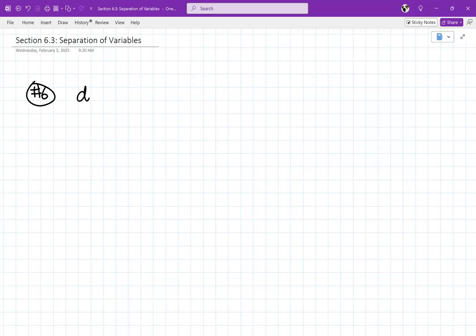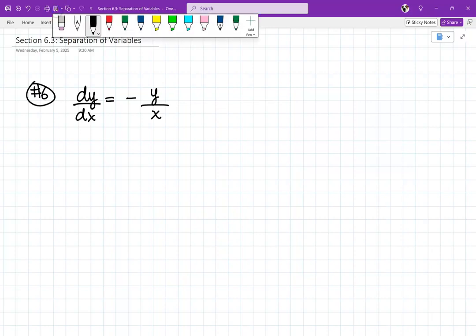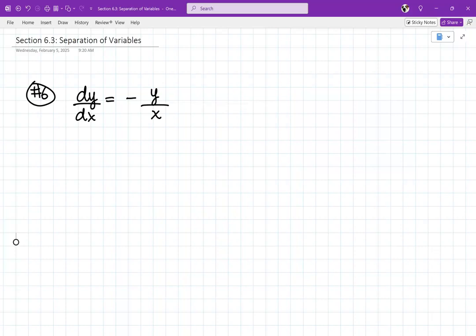So dy/dx is equal to negative y over x. Okay, so this is the way separation of variables works. What they're going to want you to do is figure out what equation gave us this derivative.